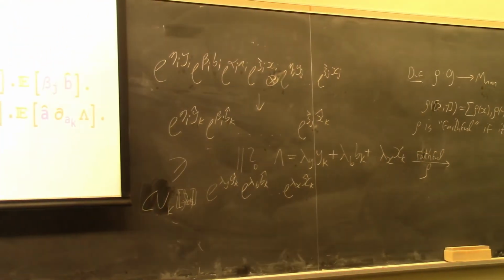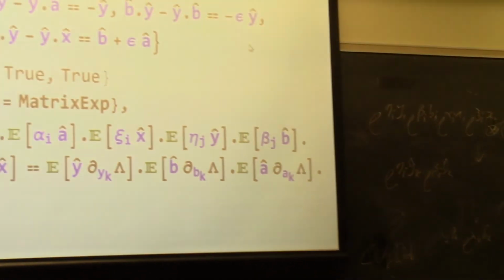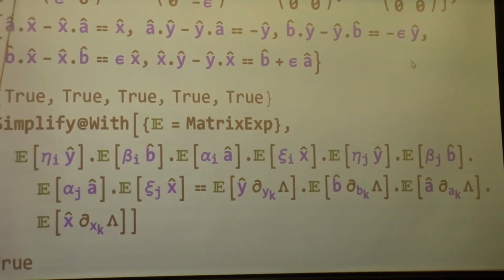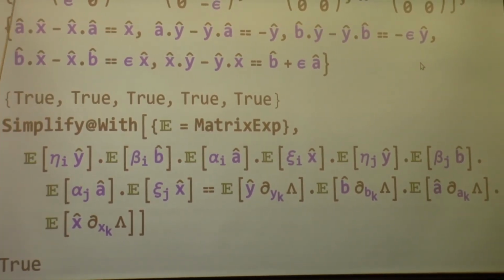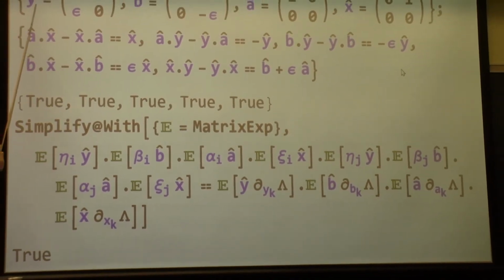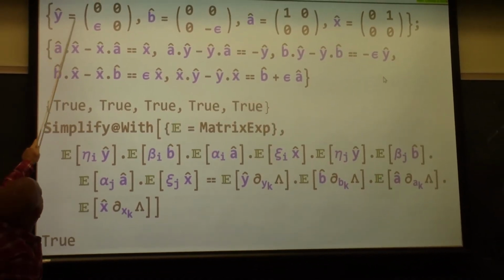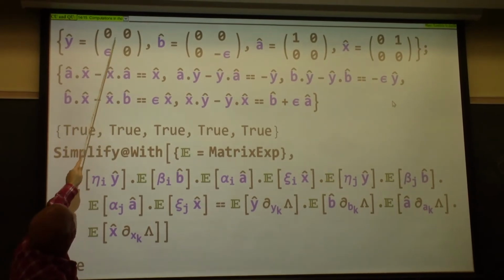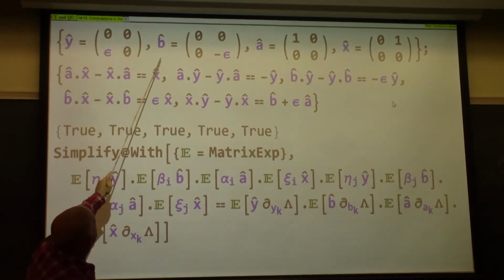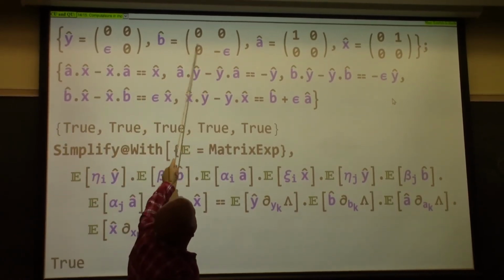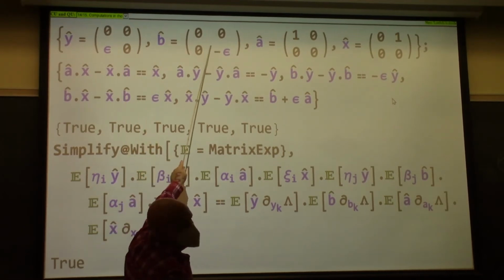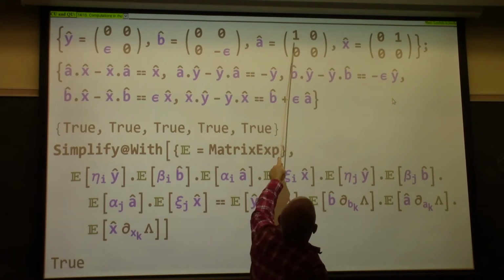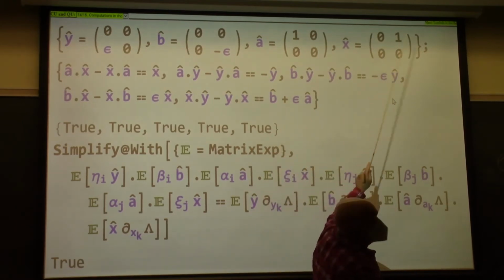So here it is. Here is the representation. Y hat gets represented. I didn't even bother to call it rho. I just said y hat is the 2 by 2 matrix 0, 0, epsilon, 0. B hat is this 2 by 2 matrix. So really I mean rho of B hat is this. Rho of A hat is this, rho of X hat is this.